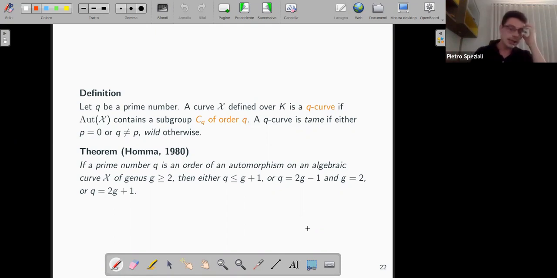So Homma in 1980 proved this, which is an any-characteristic version of a classical result that you can find in Rick Miranda's book or Farkas: if you have a prime number Q dividing the order of the automorphism group of a curve, then either this prime is at most G plus 1, or it has to be equal to 2G plus 1.